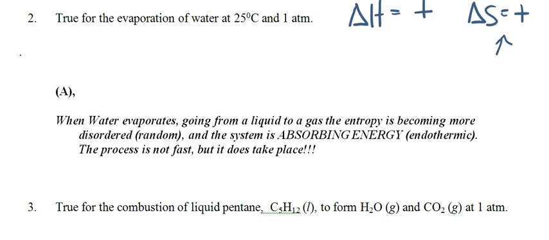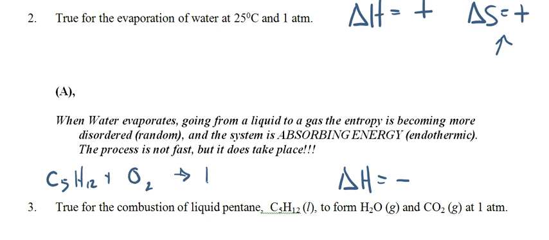All right, 3, true for the combustion of liquid propane to form water and carbon dioxide. Well, we do know that delta H in this case is exothermic. If we write out the balanced equation, C5H12 plus O2 yields water and carbon dioxide.